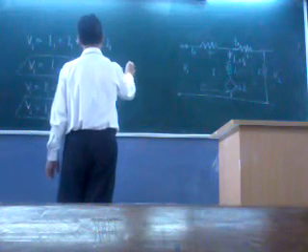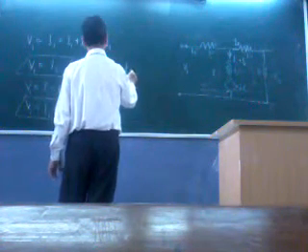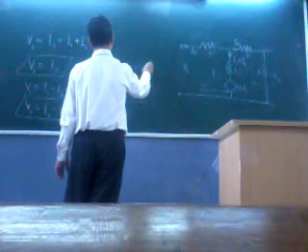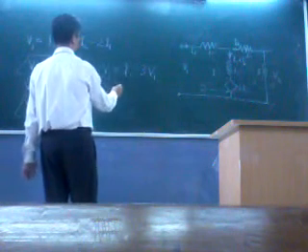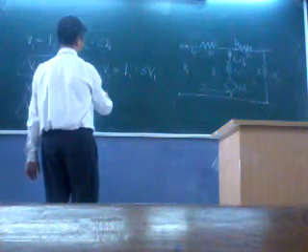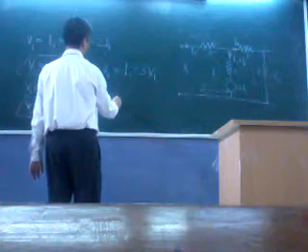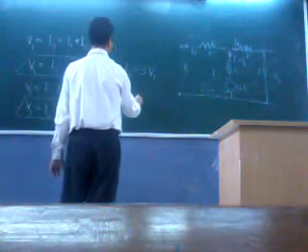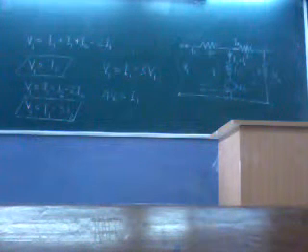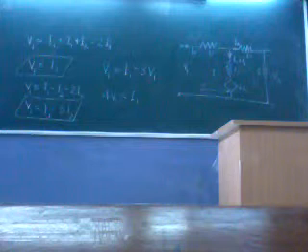So V1 is equal to I1 minus 3V1, we get 4V1 is equal to I1. Is it right? Is it okay?